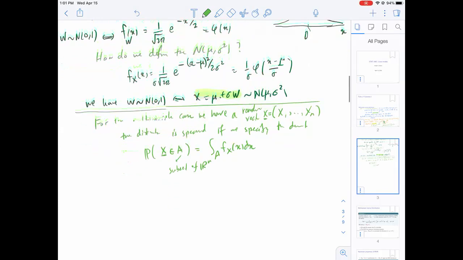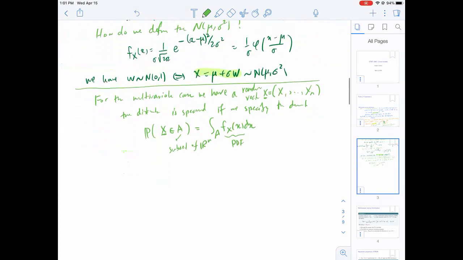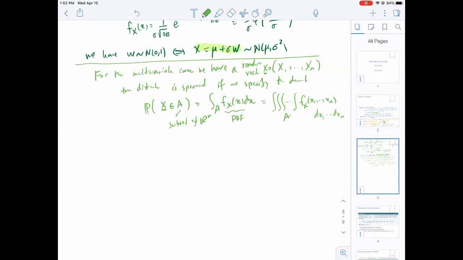If I specify this PDF, this is a multivariate PDF, so this would be like a multivariate integral, right? Over A, f_X of x1 up to xn, dx1 up to dxn. It's a multiple integral. And as long as I specify that, I can take this multiple integral and get the probabilities, okay?